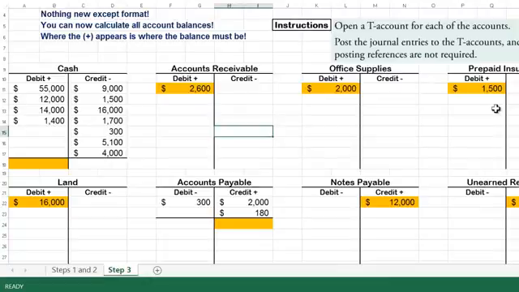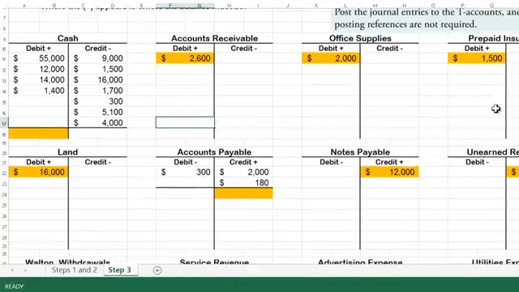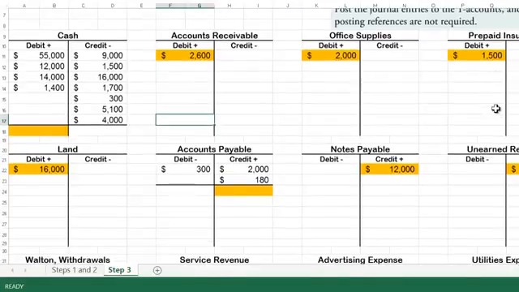All right, I'm back with you now. As you can see, what I did was I finished posting all of the journal entries that we had there, and then what I've done is if there was only one particular posting for an account, obviously that's the current balance, and notice that that is the case for all but two of our accounts, cash and accounts payable.